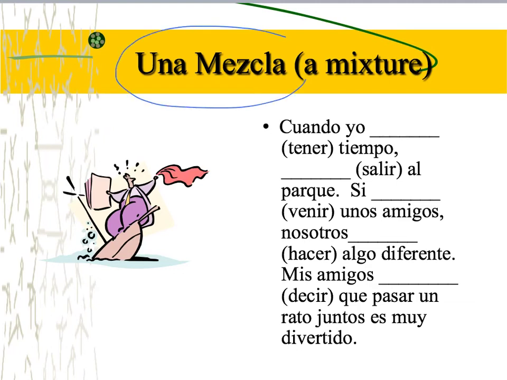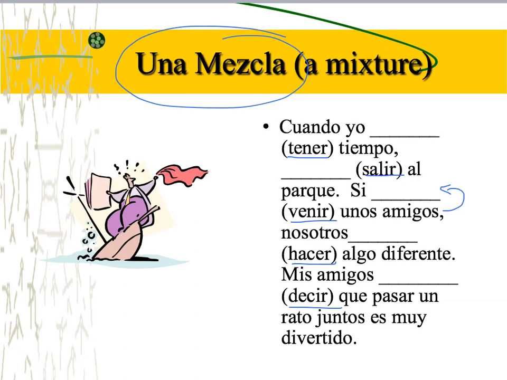Okay, now you try. We have a little una mezcla here. You have to conjugate the correct form of the verbs that are in parentheses and put them in the sentence. Okay, you can pause the video to do this. And when you're done, you can go to the next slide where you'll find the answers. And notice that the subject here is after the verb. Si blank unos amigos.